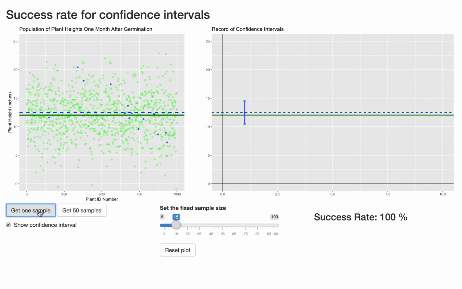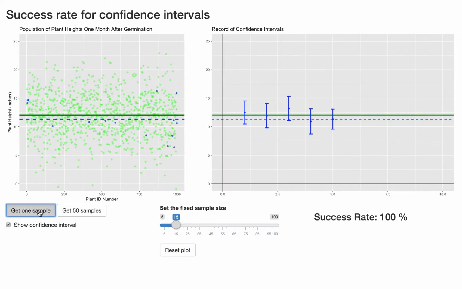And what you can see is that as you grab different samples, right? So far, we've grabbed 7 samples, and our success rate, the number of random samples that had a confidence interval that overlaps with that population mean, so far is 100%. Now this is going to drop if we do more samples, and we'll do that in a second.